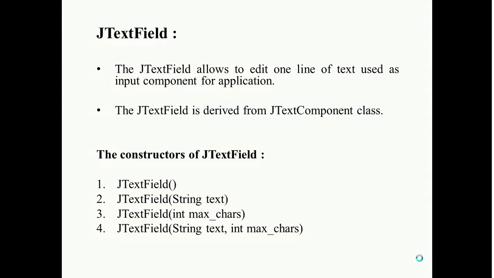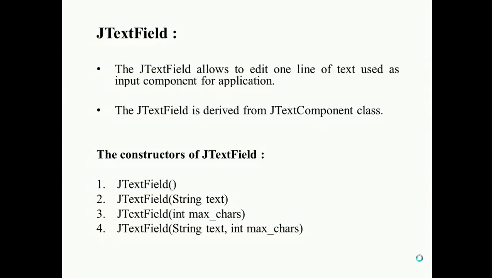the JTextComponent class. In Swing, the text field is encapsulated by the JTextComponent class, which extends the JComponent class. It provides the functionality that is common to the Swing text component.